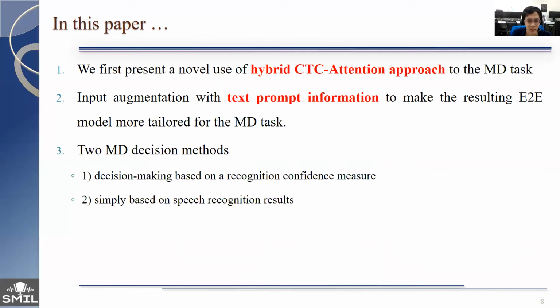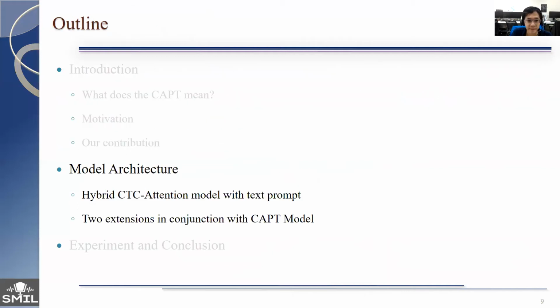On the other hand, we adopt two MD decision methods so as to better cooperate with the proposed framework. First, decision-making based on the recognition confidence measure. Or second, simply based on the speech recognition results.